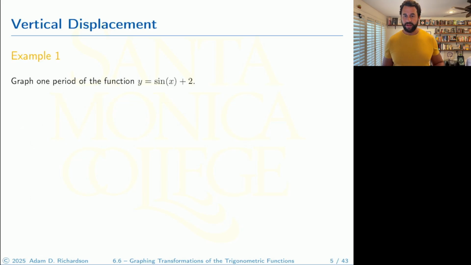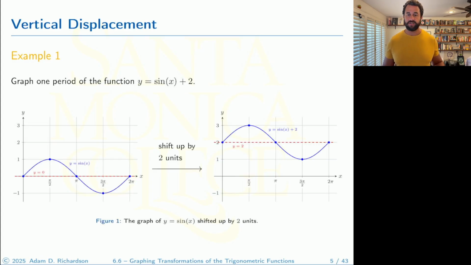All right. So let's try this now. I'll do this one first. Let's graph one period of this function, y equals sine of x plus 2. Surprise, surprise. It's just going to be the graph of sine, which we saw in the previous section, shifted up by 2 units, and that's it.